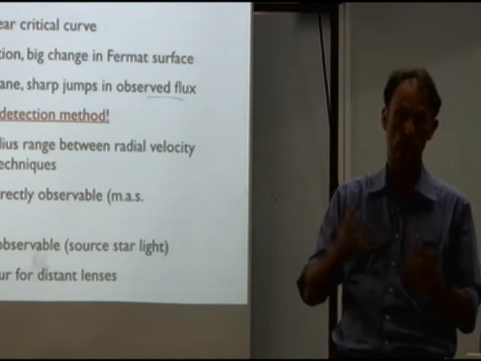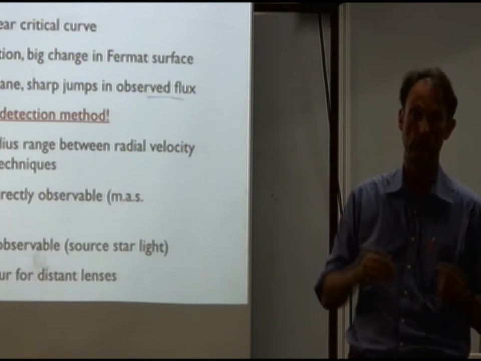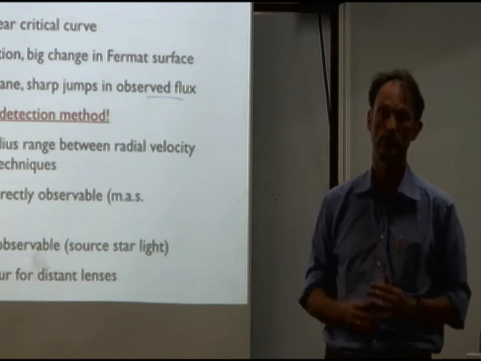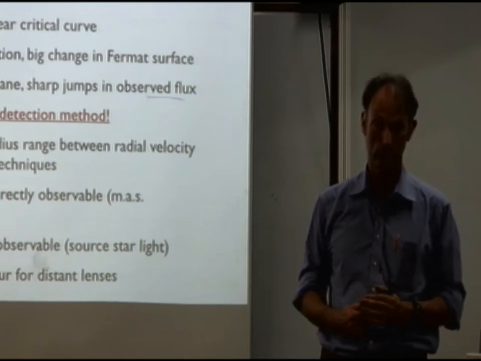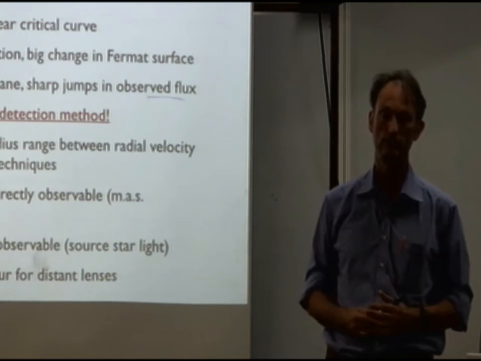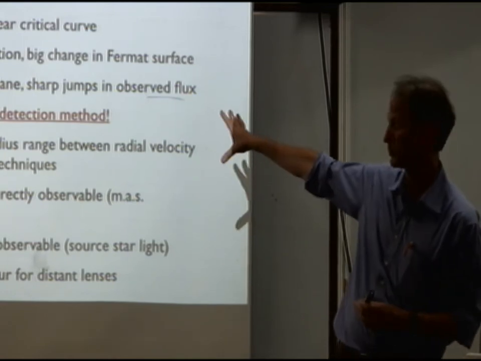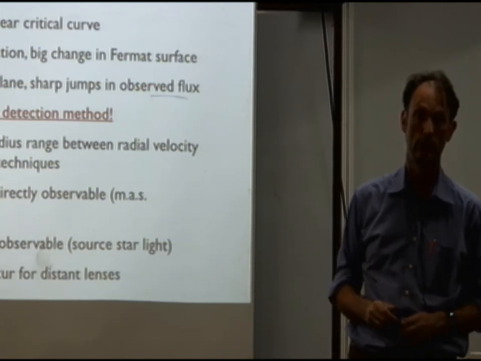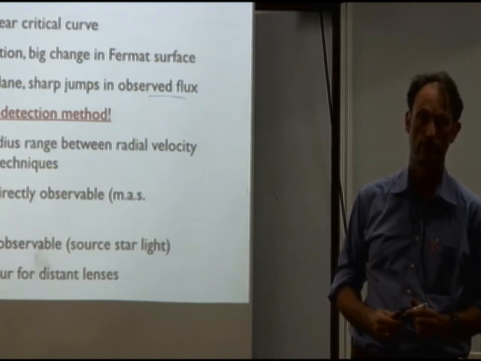So it's not that one is better than the other, but in the end they're different aspects of the same universe. So you can put all the information together. It's useful to combine, exactly. Thank you. And so this is really good because it's a very nice statistical method that comes for free out of some of these other microlensing studies.